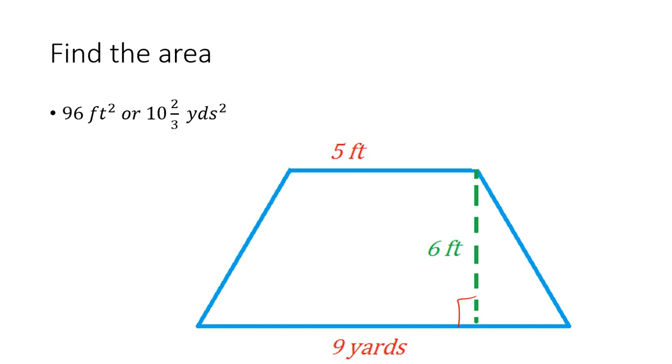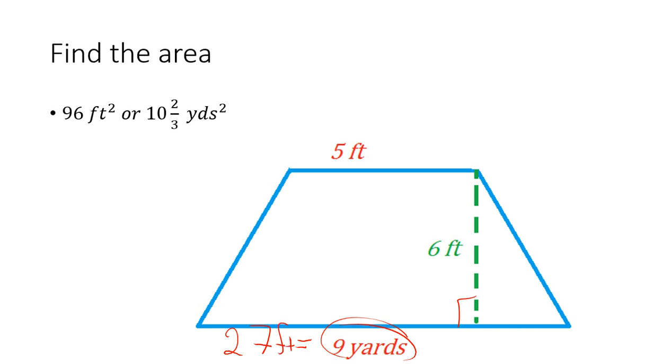If you ended up with 42, the reason you got the wrong answer, even though you might think you got it right, was because this is in yards. Either you have to turn everything into yards or everything into feet. I'm going to turn everything into feet, so 9 yards is equal to 27 feet.